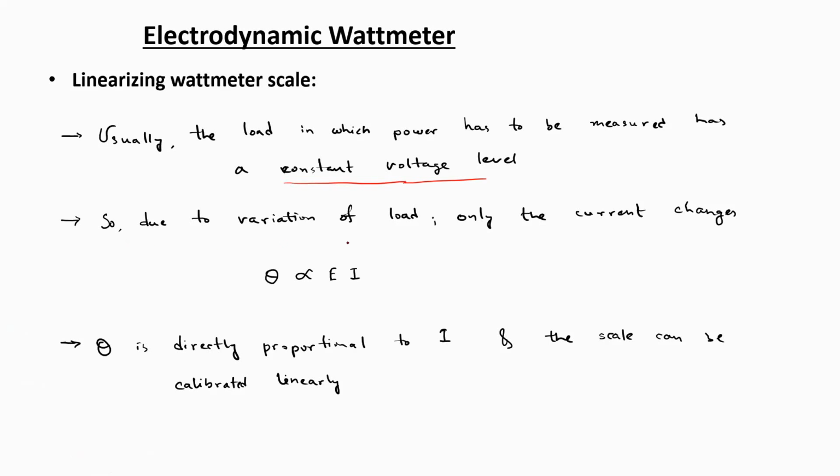Due to the variation of the load, only the current will change, because the voltage is kept fixed, so only one parameter is going to change. If we recall the relation of theta, which is proportional to E into I, in this case E is kept constant because the supply voltage is not changed. As it is constant, the moving coil current is also constant.